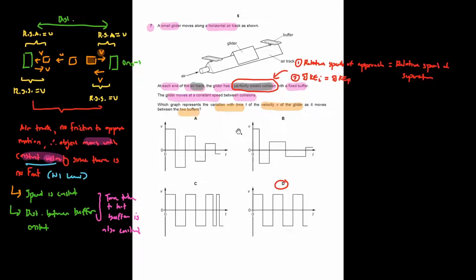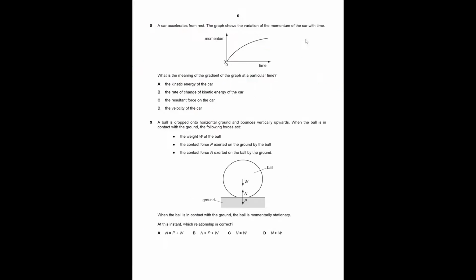Then you go on to question 8. For question 8, they mentioned that a car accelerates from rest. The graph shows the variation of the momentum of the car with time. What's the meaning of the gradient of the graph at a particular time? This one, I think, is pretty straightforward. It is momentum with time.